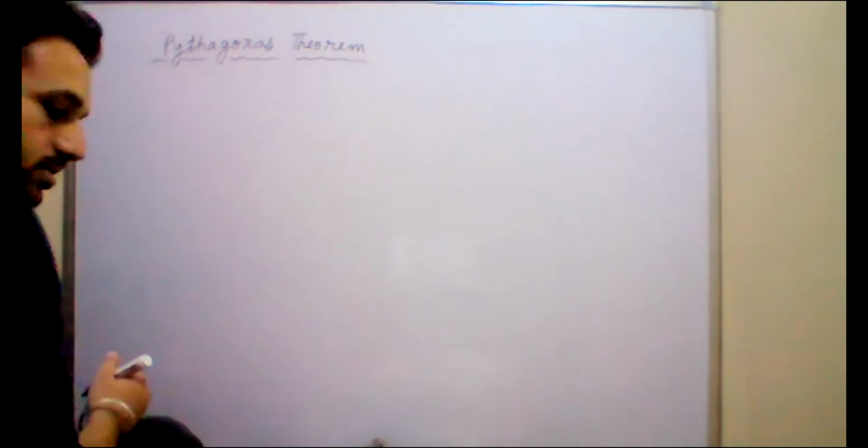Okay. So what does the theorem say? Write down the statement of the theorem. In a right triangle, the square of the hypotenuse equals the sum of the squares of the remaining two sides.